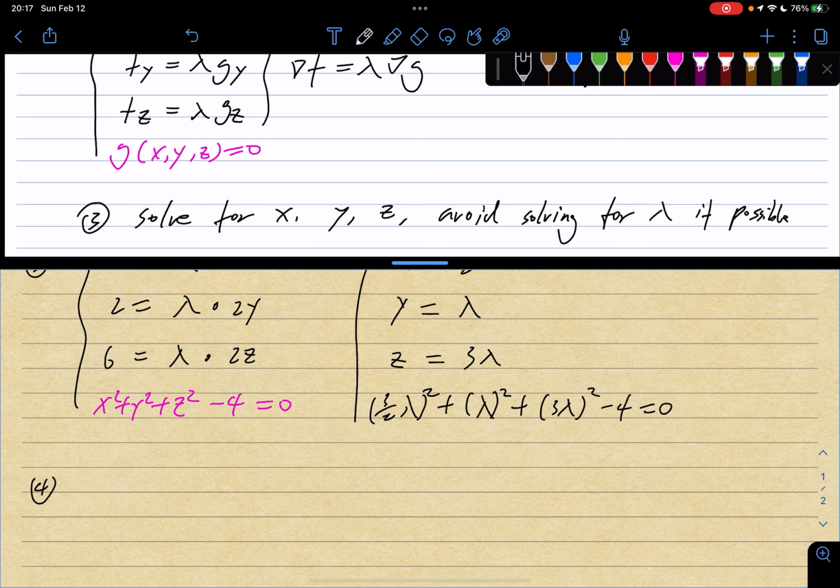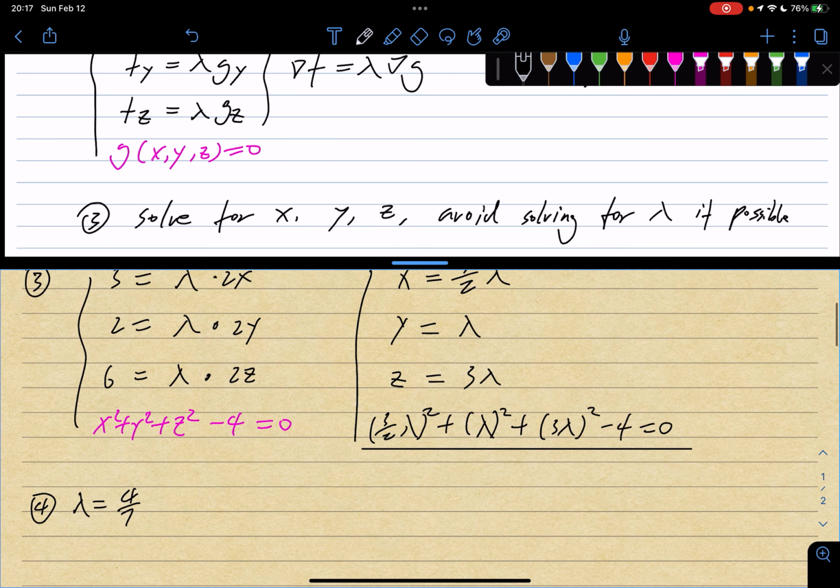So in step 4, if I expand this equation out and solve for it, we're going to have lambda equals 4 over 7. Actually this will be plus and minus 4 over 7. But in the positive case, we're going to have x, y, z equals 6 over 7, 4 over 7, and then 12 over 7.